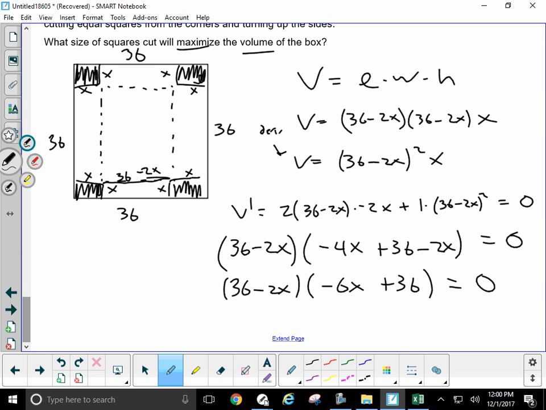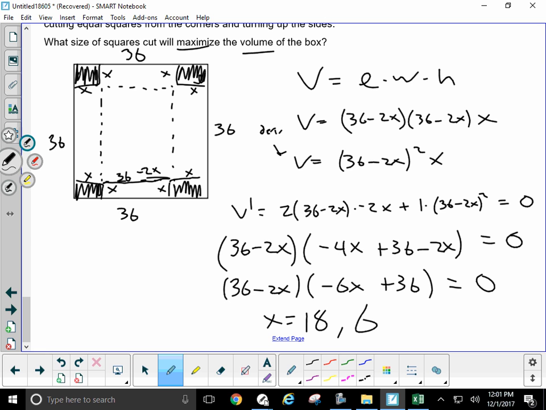This set equal to 0, we have a product. I'd get two solutions. When this piece equals 0, that's when x is 18. And when this piece equals 0, that's when x is 6. It appears I have two candidates, 6 and 18.